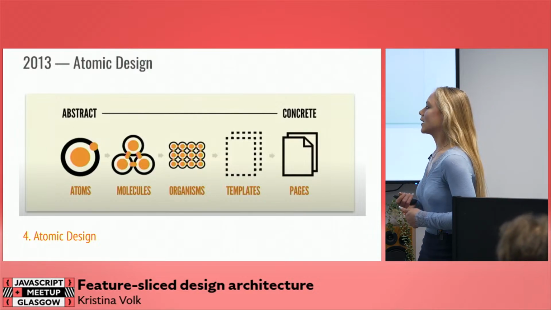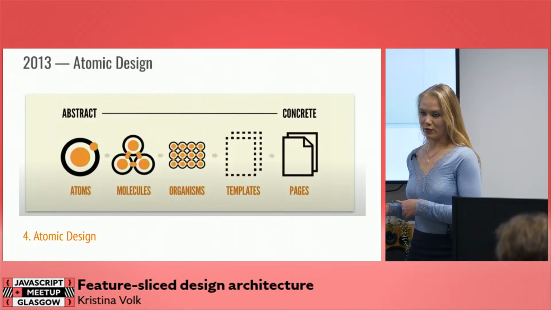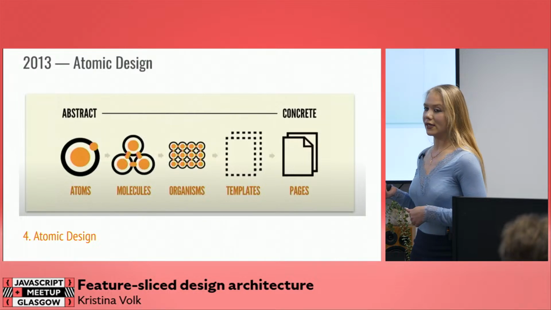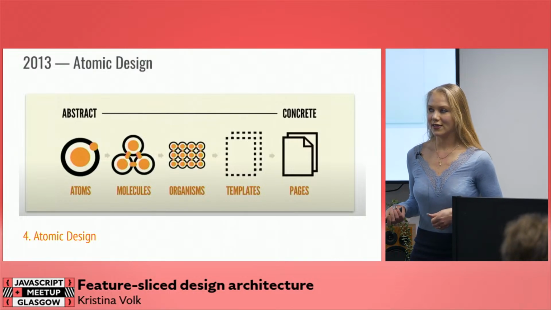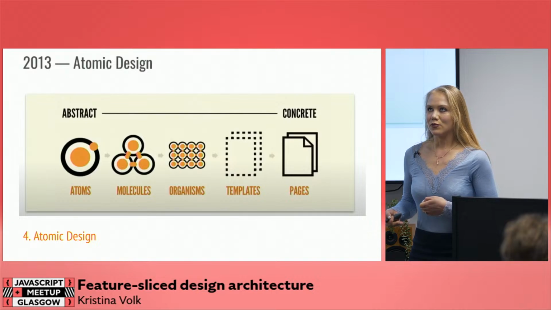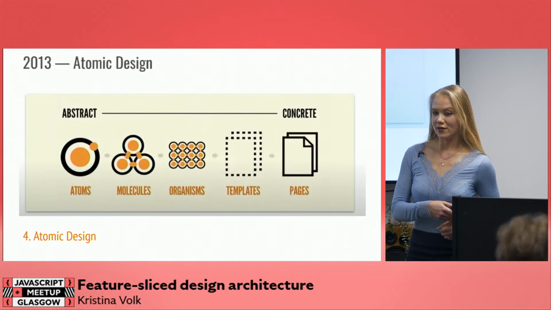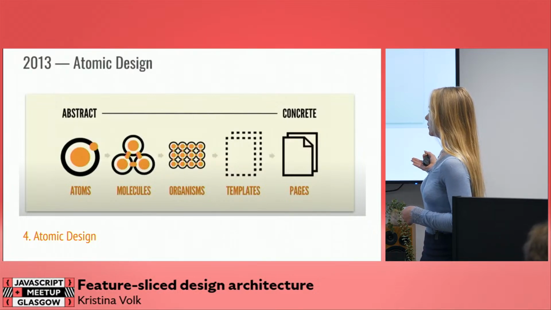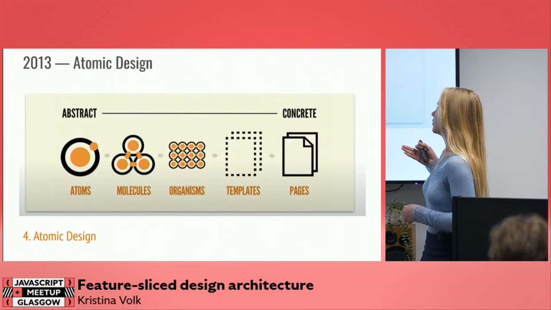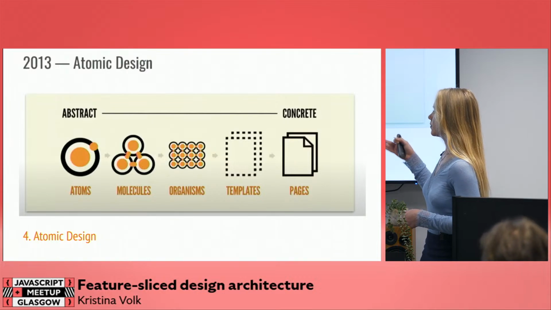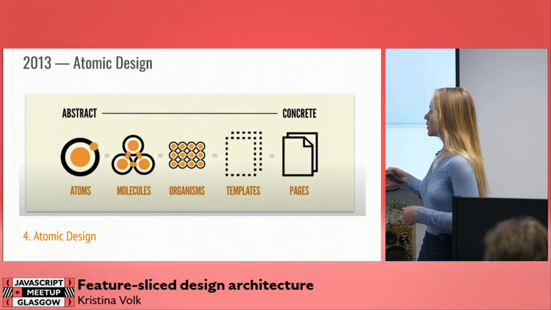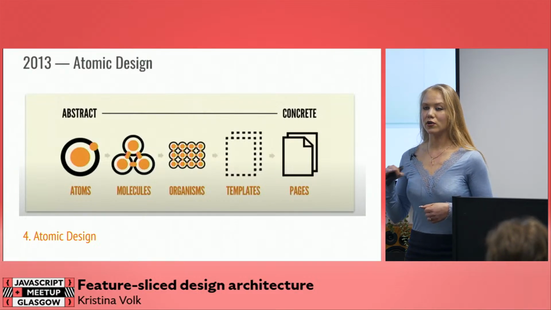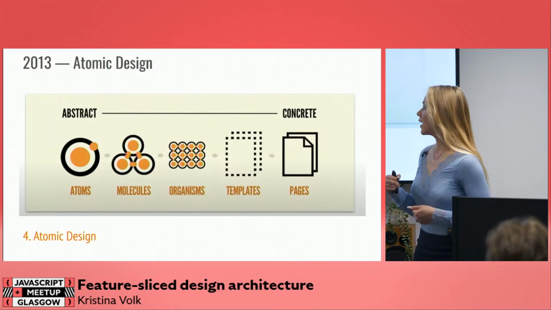This is an example with the big shift on UI. The idea was really clear, and it was more about easing the interactions between designers and developers, because yeah, we have pages. Then pages are made up of templates, organisms, molecules, and atoms. So at least the components are enclosed in their own levels.